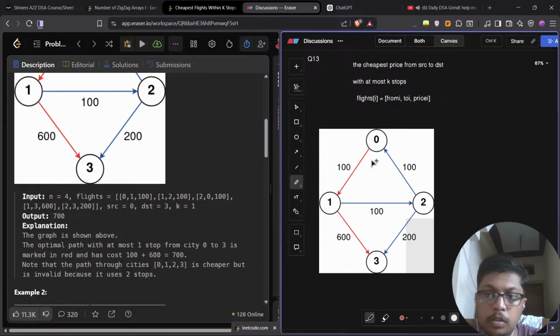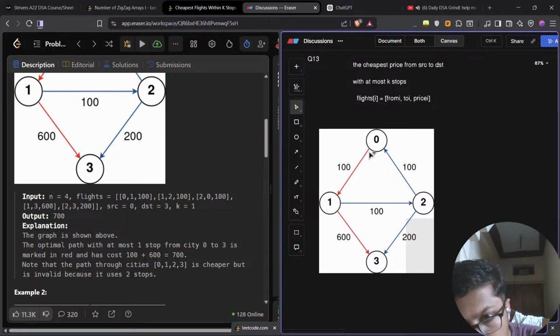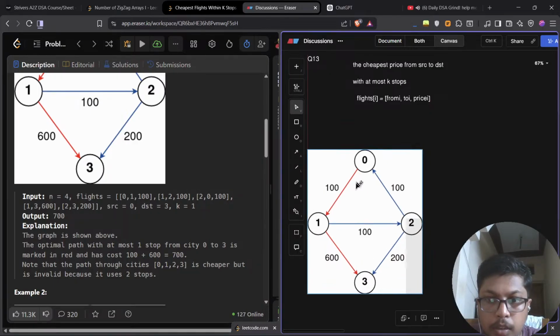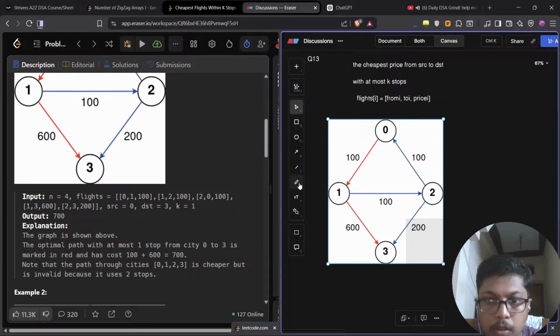One more thing is about the cost. There is another smaller path when we travel from 0 to 1, 1 to 2, and 2 to 3. It costs around 400, but the thing is, there are two stops.